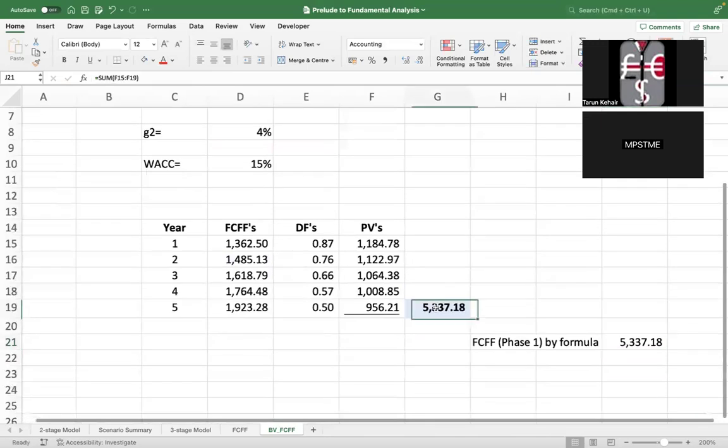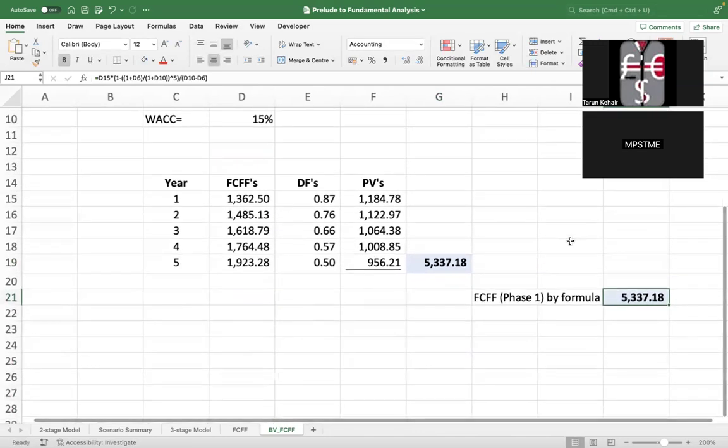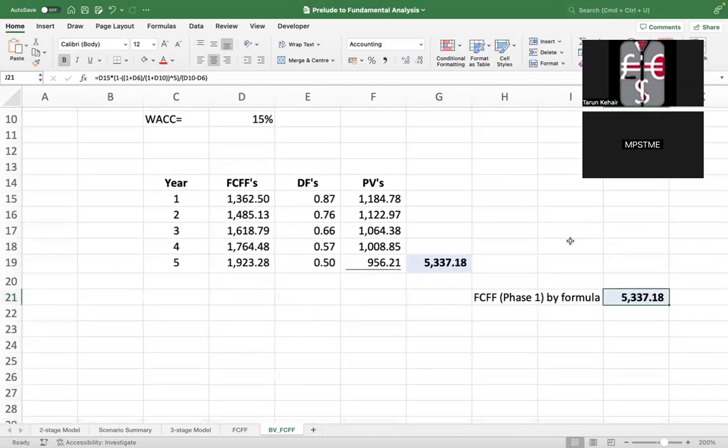Same value. The value that we got using the tabular method, the same value we have got by the formula that I had mentioned. As I had told you, you can do this alternative approach only during the definitive phase. Indefinite phase means there is no option, there is only one way.